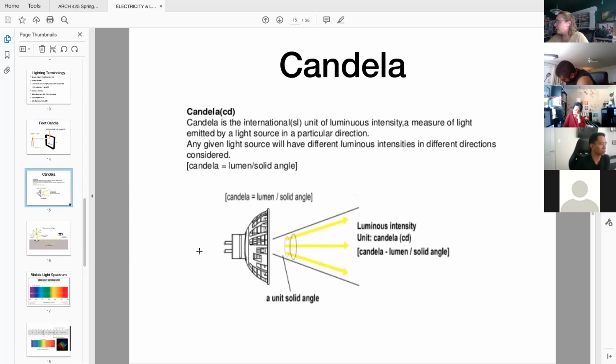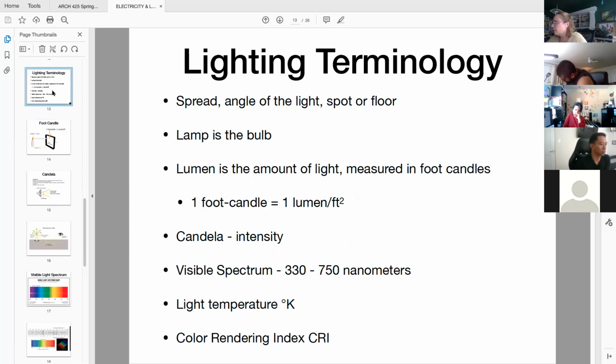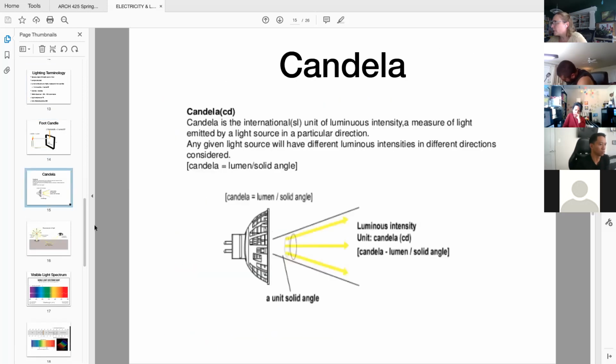Candela is the, let me see here, the intensity.